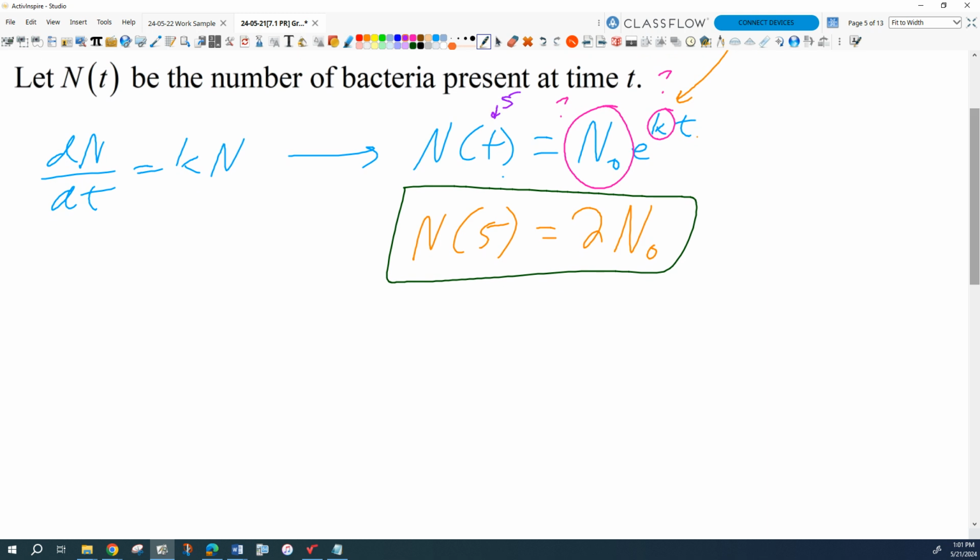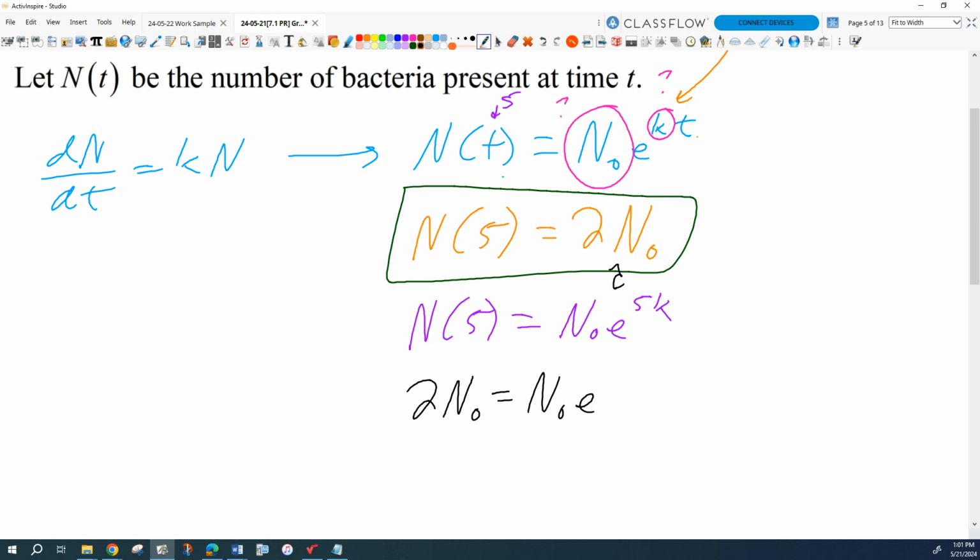So that gives us N of 5 equals N naught e to the k times 5, which is 5k. This is what our model tells me, the output for N of 5. But they told me the population doubles in 5 hours, so I know it's equal to 2 times N naught. Look what happens when I set these two things equal to each other: 2N naught equals N naught e to the 5k.